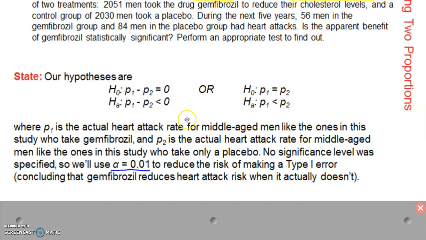P1 is the actual heart attack rate for middle-aged men like the ones in this study who took gemfibrozil. P2 is the actual heart attack rate for middle-aged men like the ones in the study who take only a placebo. And like I said, we use 0.01 because we really want to reduce the type 1 error probability, because we really want to make sure the drug actually works.